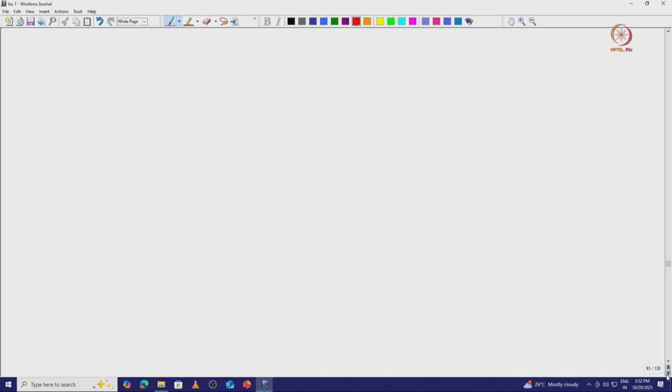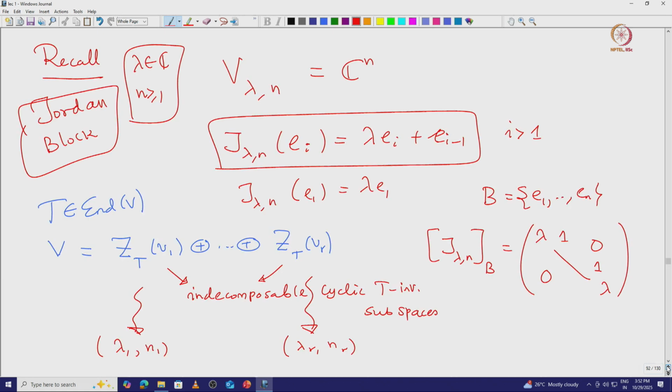It can be proved using just the cyclic decomposition theorem. So, we know already we have this decomposition, so let us call this the Jordan normal form.